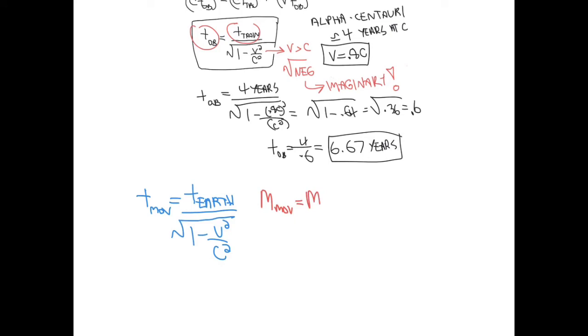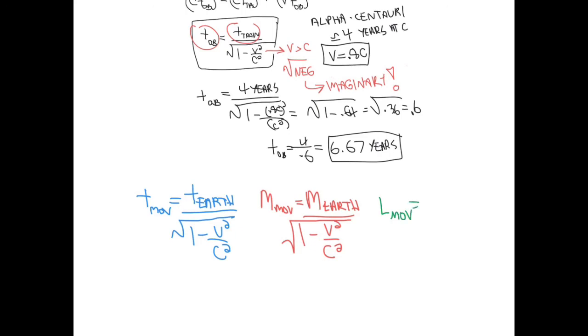The mass of an object moving would be the same as its mass on Earth, not moving or moving at regular speed on Earth, divided by that same ratio. Make sure we get the square root in there, 1 minus v squared over c squared. So as you approach the speed of light, you get significantly heavier.